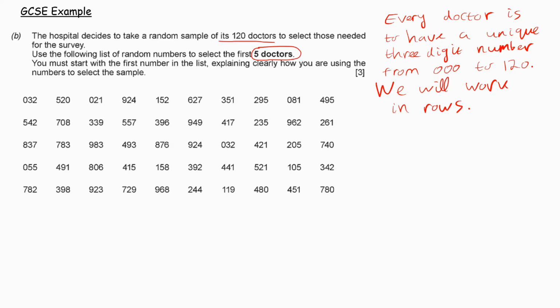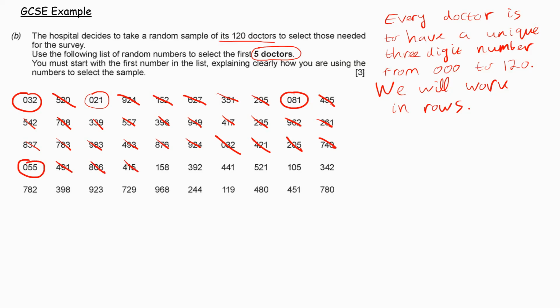So 032, that's within our range, and we haven't seen it before obviously, so we circle it and select it for the sample. 520 is too big, it's way outside of our range. 021 is fine, that's in our range. 924 no, 152 no. So we can see that none of those will be selected. 081 is great, and we're going to carry on until we've found 5 appropriate numbers. 032 is in the range, but we've already seen that number, so we're not going to do it again. 055 is good.